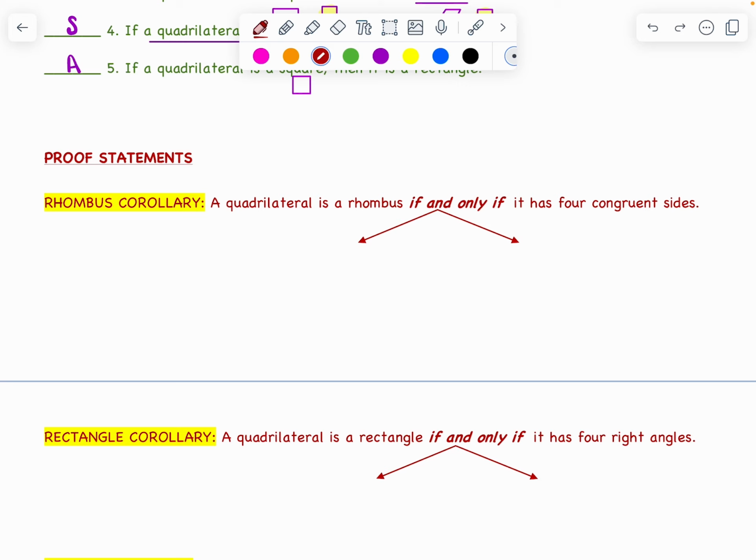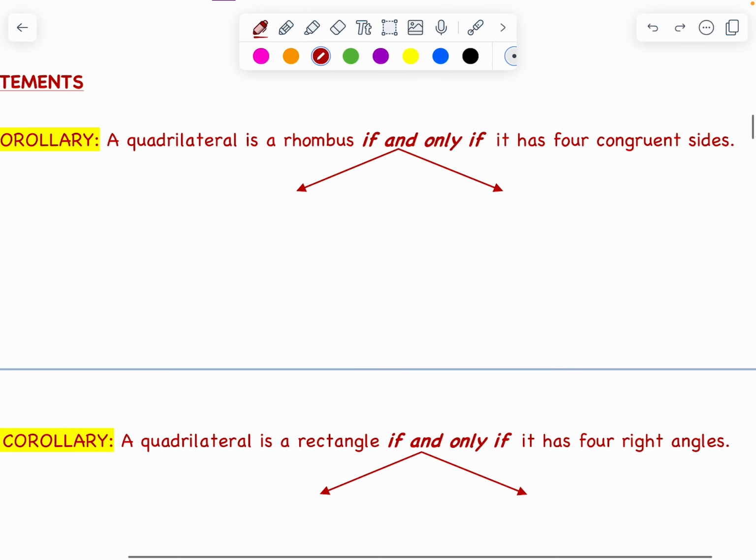Do you remember yesterday when we had the statement, if parallelogram, then opposite sides parallel, and then we had, if opposite sides parallel, then parallelogram? Which one we used in our proof depended on what we were trying to prove. Same thing here. So I'm just going to split this up.